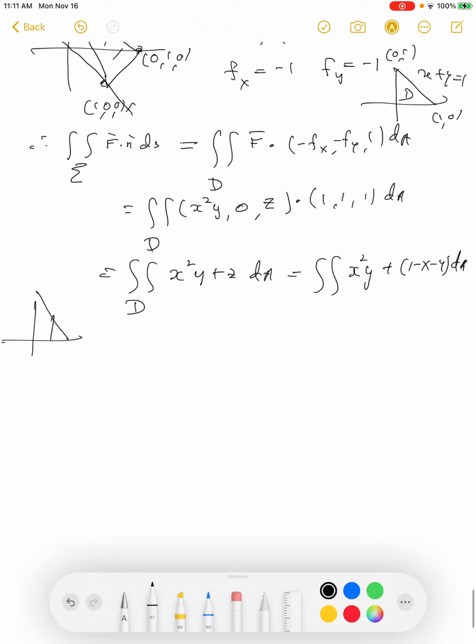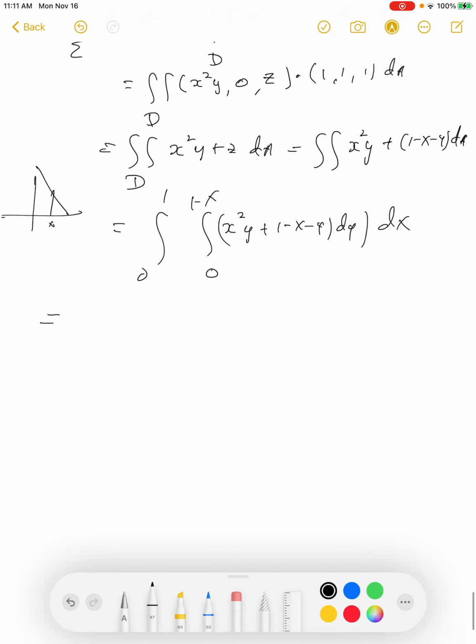And now you just integrate this thing on the triangle by fixing, say, x first. So I want to integrate with respect to y first, dy and then dx. Y will run between 0 to 1 minus x. X will run between 0 to 1.